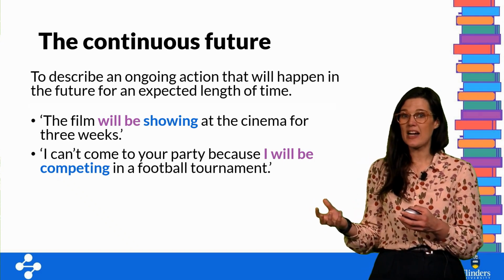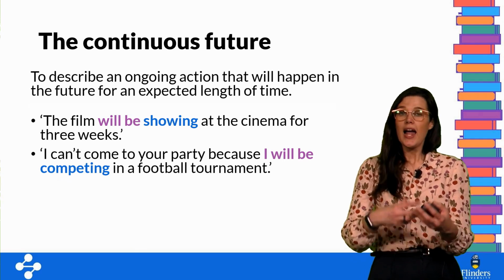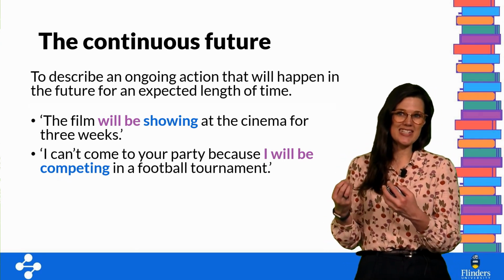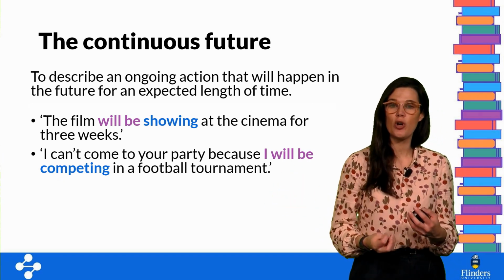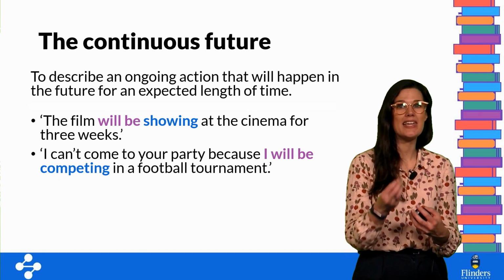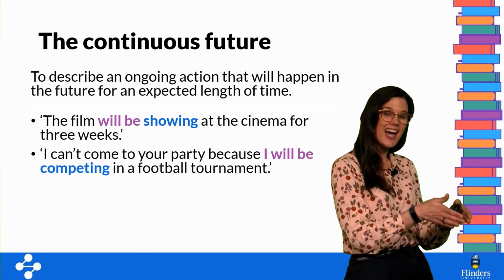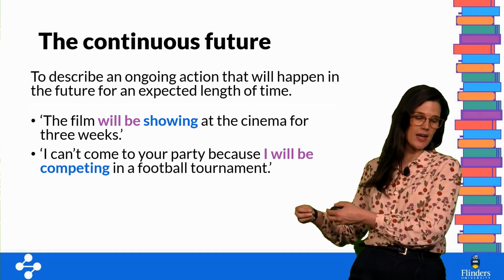If we look at this last example, if I was to just say I will be competing in a football tournament, yes, I can say that, but it makes more sense that I would use the continuous when I have this first part. I can't come to your party because I will be competing, as in at the same time that takes place, I will be in process of doing something else.